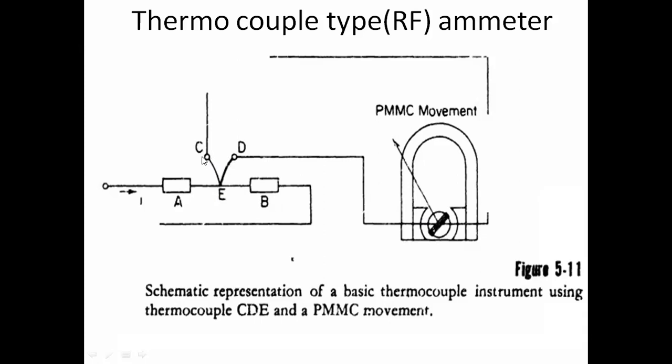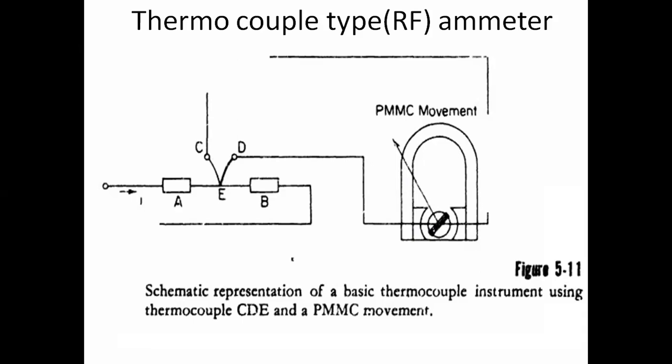So in this closed circuit, we have the voltage produced at C, the voltage produced at E, and the voltage produced at D, and these three voltages are added, and the generated voltage changes.